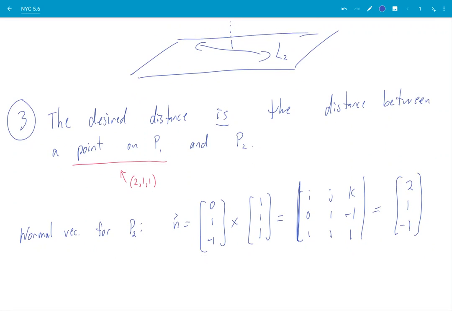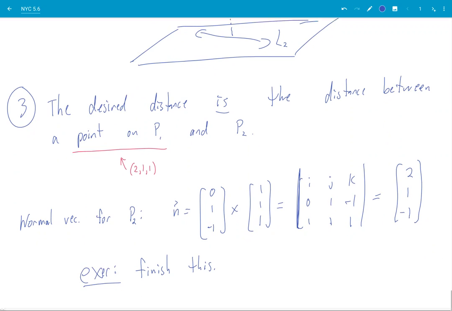Okay, so you can, as an exercise, finish this. You can use the method that I taught in 5.5, or you can look in your textbook. There's actually a formula that you can memorize if you want to for the distance between a point and a plane.